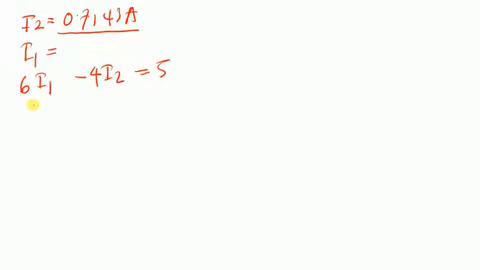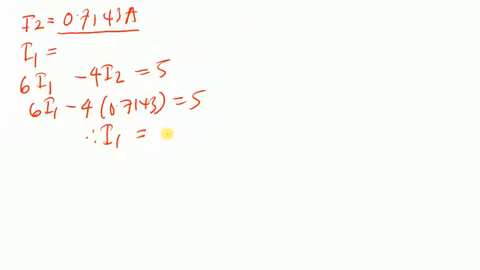So 6 I1 minus 4 times 0.7143 equal to 5, so I1 is equal to 1.309 amperes. Now you have both values for current, I2 and I1.